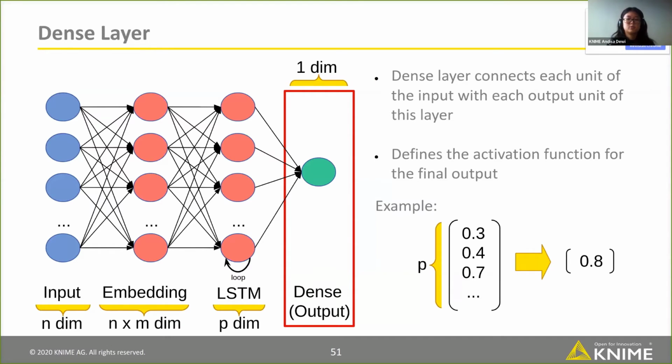One thing to note as well is that this pipeline with the embedding layer, the LSTM layer and the dense layer is a commonly used deep learning pipeline for sentiment analysis. However, it is not the only way to do it. You can also try out using different layers. You can add more layers or remove some. It's really all depending on your needs or your data.